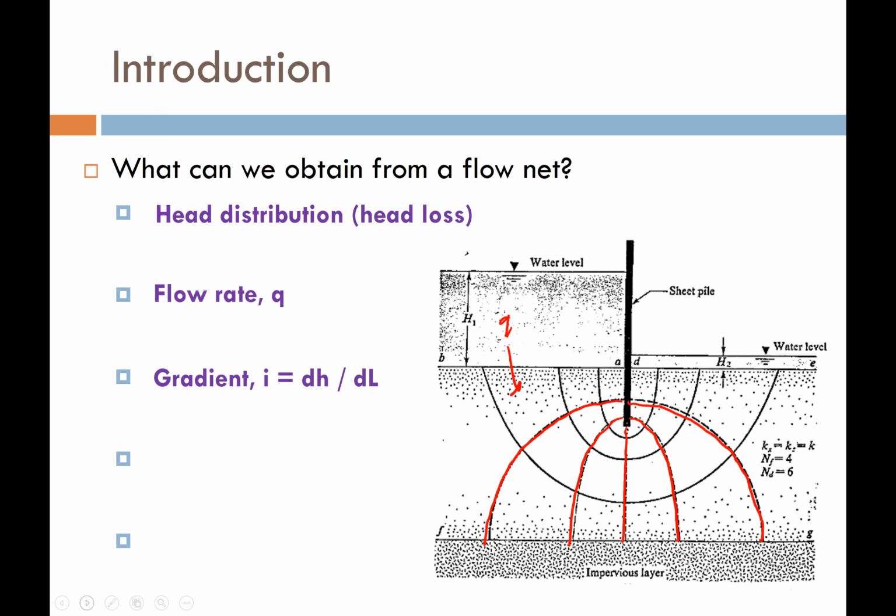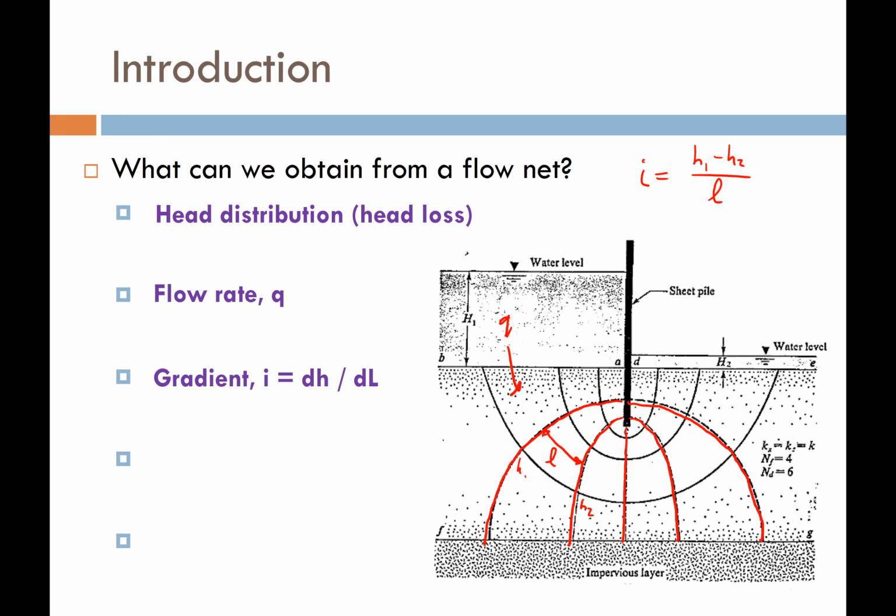We can predict gradient. So gradient is just going to be, if that distance is length L, and that's head 1 and that's head 2 on those equipotential lines, then gradient can simply just be H1 minus H2 divided by the length between those equipotential lines.